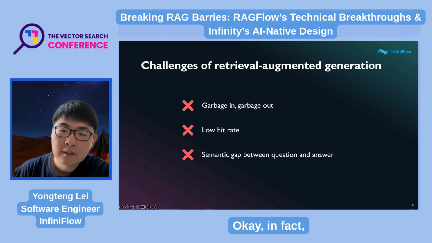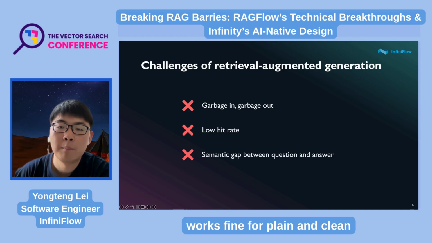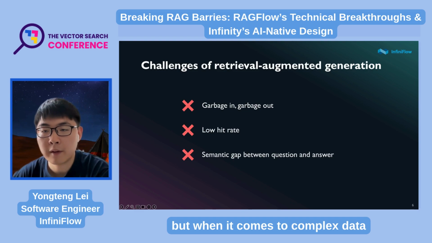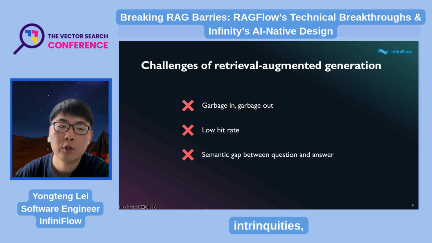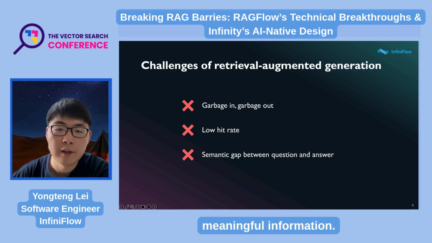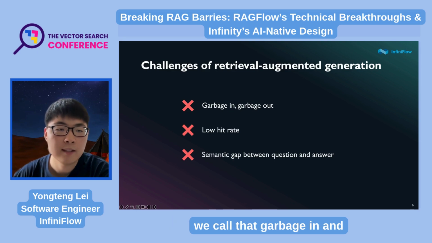In fact, the traditional RAG pipeline works fine for plain and clean text data, but when it comes to complex data like scanned documents or files containing intricate tables and figures, it becomes hard to recognize and extract meaningful information. This can result in poor vector representations, and automatically we call that garbage in and garbage out.